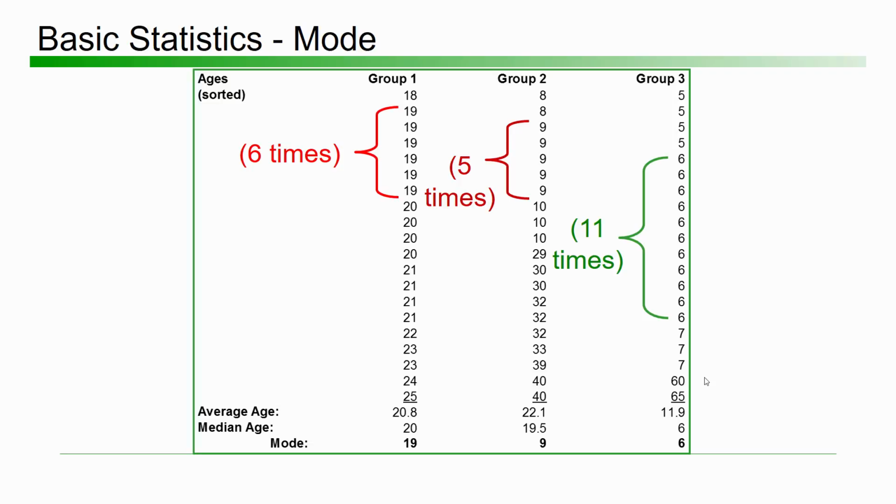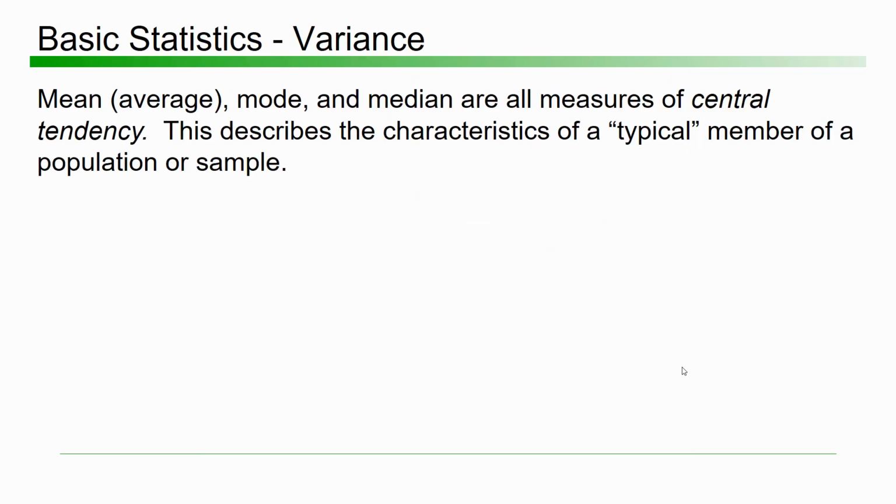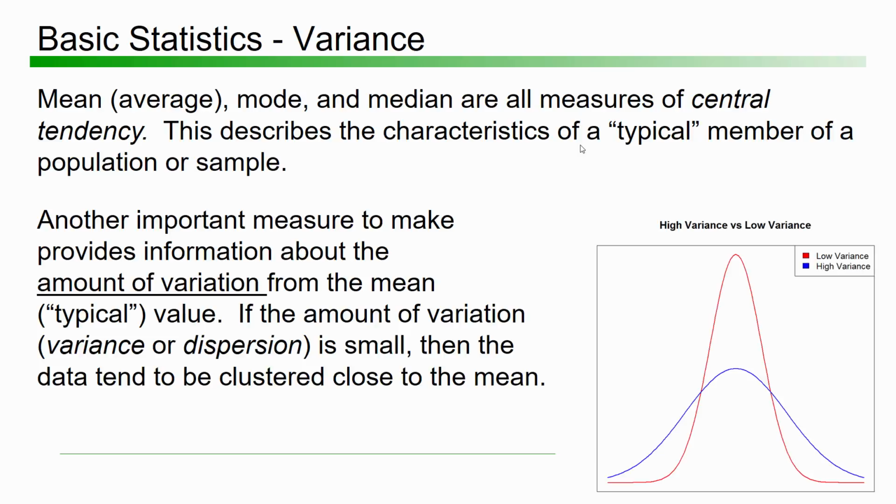So these are all, in different circumstances, useful ways of describing the central tendency of a population. So we've talked about the average, which is the mean, the mode, and median. And those are all measures of the central tendency, which you can think of kind of as like the typical member of a population or a sample of a population.